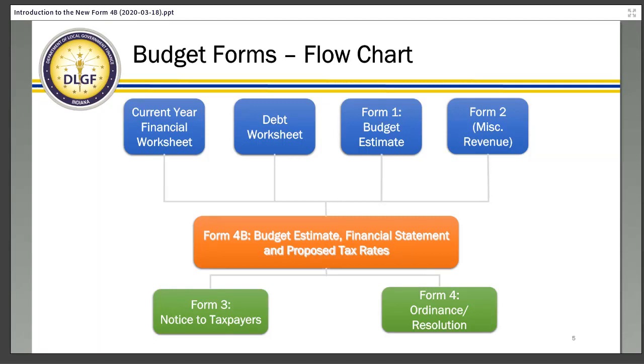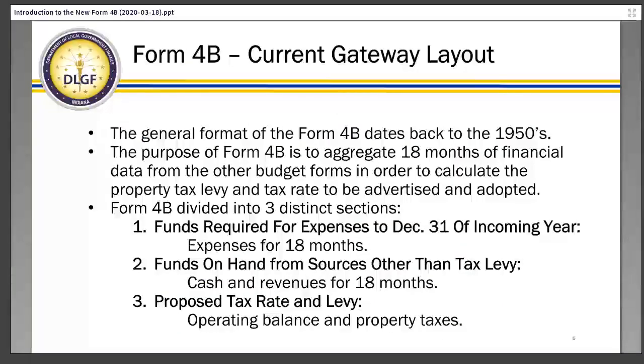All that information flows into the Form 4B. We're using that to calculate the levies and the rates. And then, depending on the time of year, we will use the information from the 4B either to create our notice to taxpayers on the Form 3 or to generate the actual adoption ordinance or resolution that will be used to formally adopt your budget. So just a starting point for representing how the 4B is currently used.